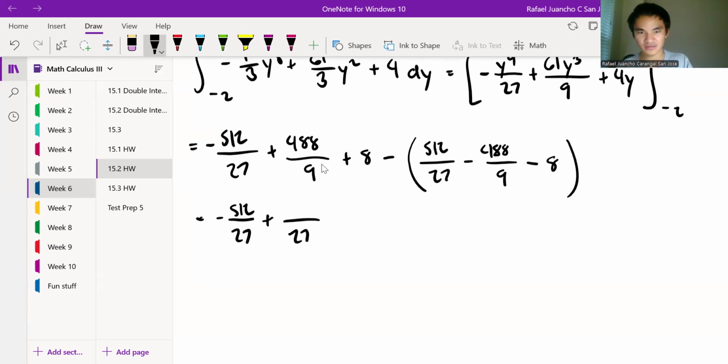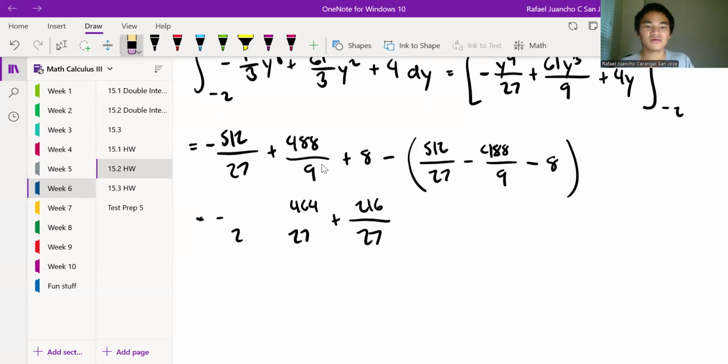This times 3. 1464. 216. And I basically just get the entire value of that, 1464 plus 216 minus 512. 1168 times 2. 2336.